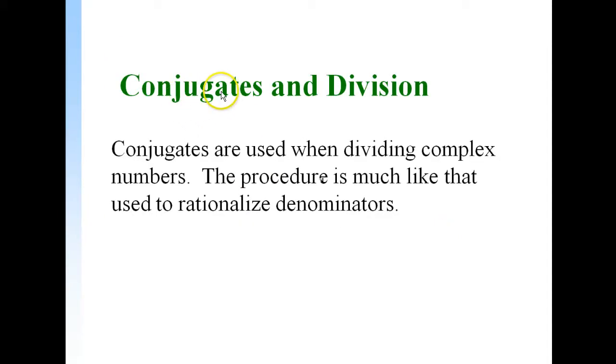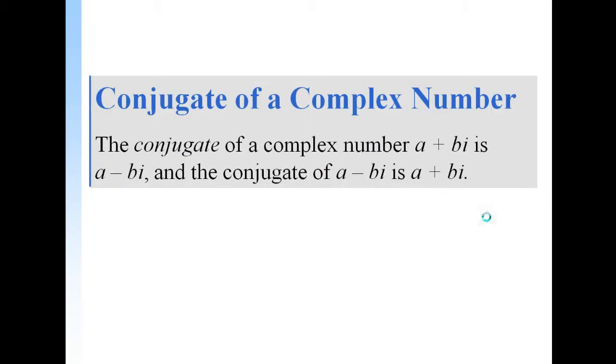Okay, conjugates. We mentioned this a little while ago. And division. Conjugates are used when dividing complex numbers. The procedure is much like what we use to rationalize denominators. So we're going to be looking at what is a conjugate now of a complex number.